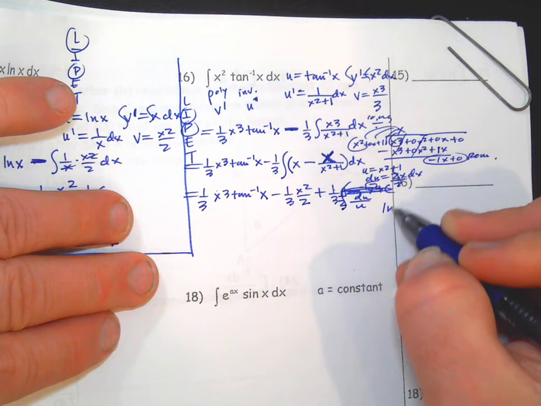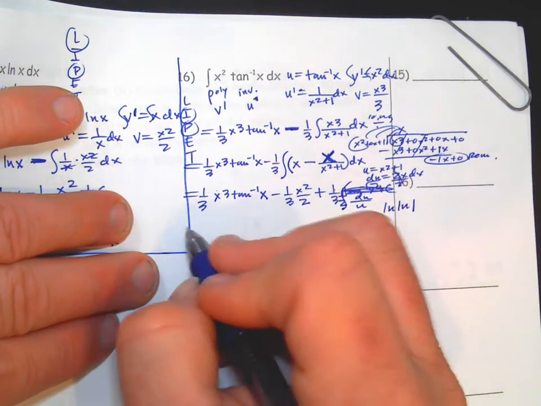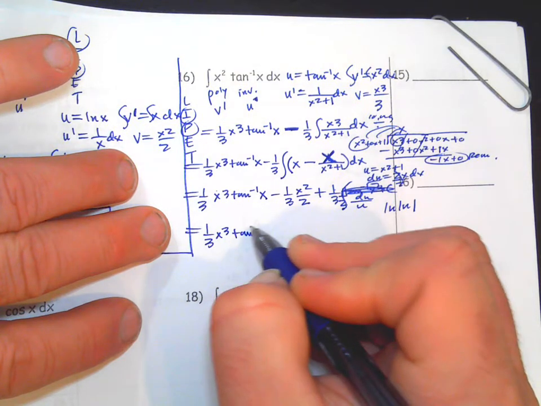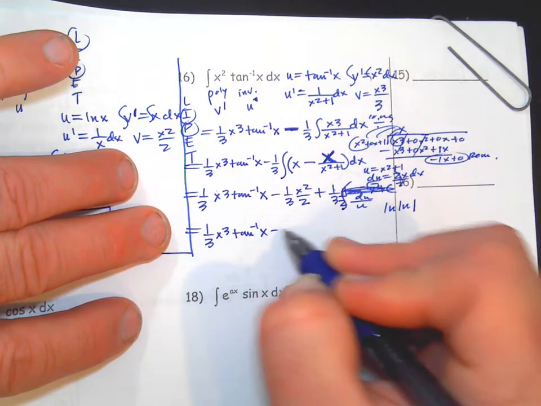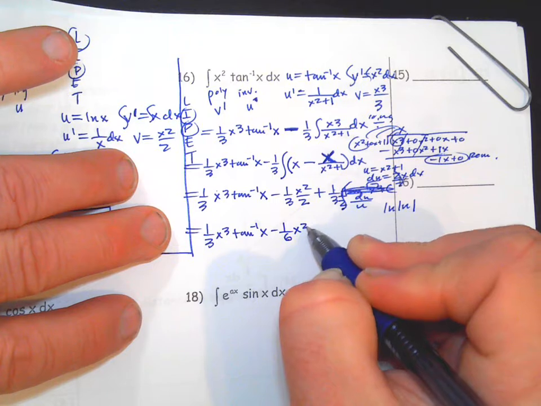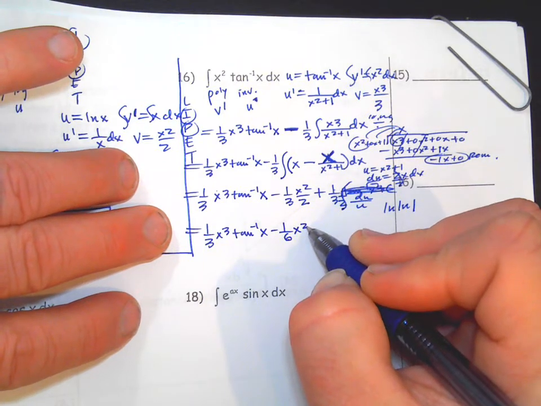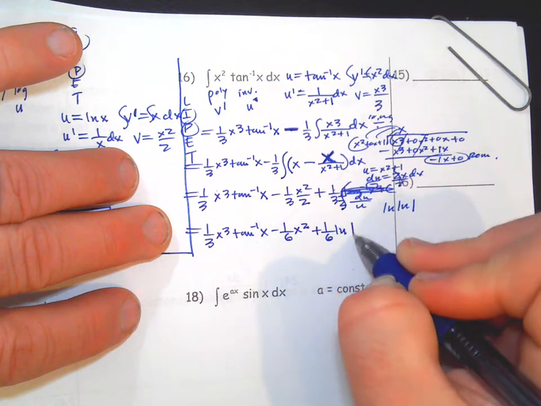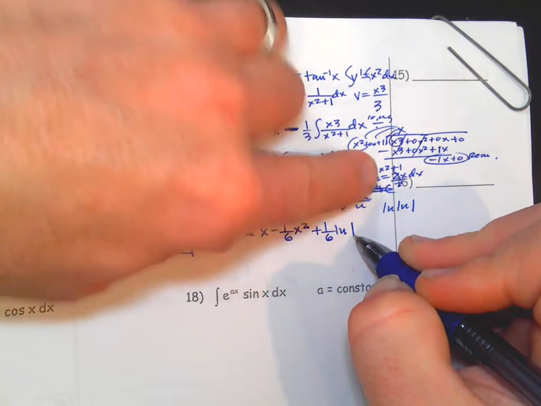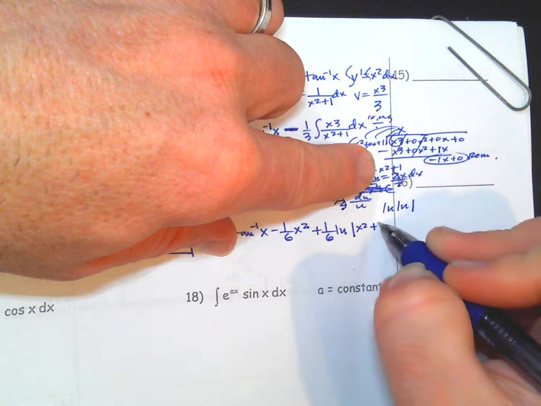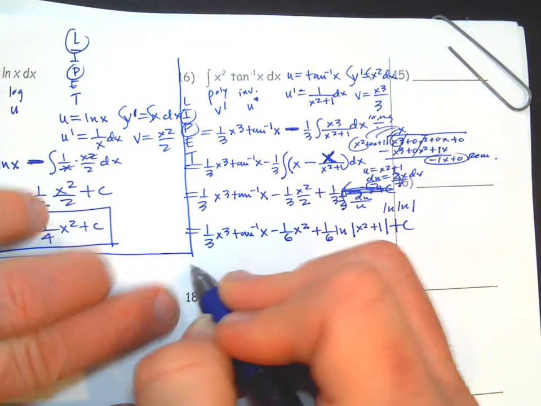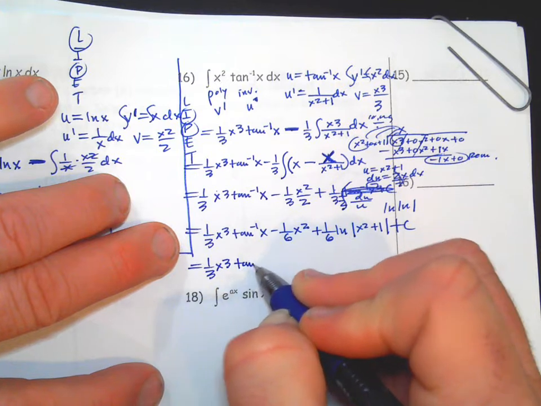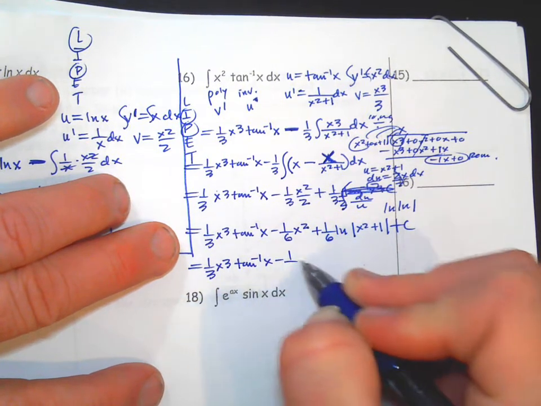So it's natural log of the absolute value of u. So it's going to be 1/3 x cubed inverse tangent of x minus 1/6 x squared plus 1/6 natural log of the absolute value of, what was it? x squared plus 1. And then we can write it one more step without the absolute values for the final best answer.